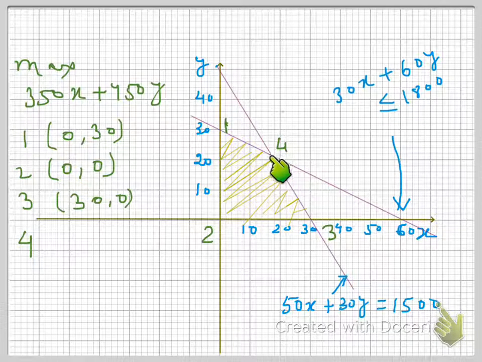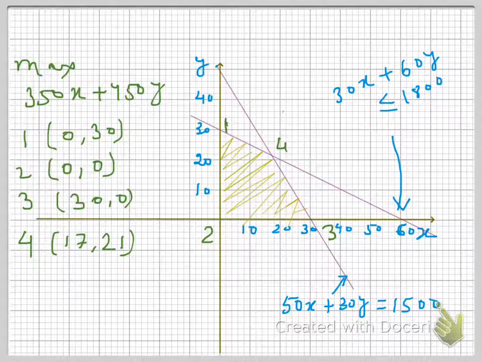If you look very carefully at this point and see the x coordinate, you can see that it is just higher than 17 and y is just higher than 21. So we can do the computation for say 17, 21.